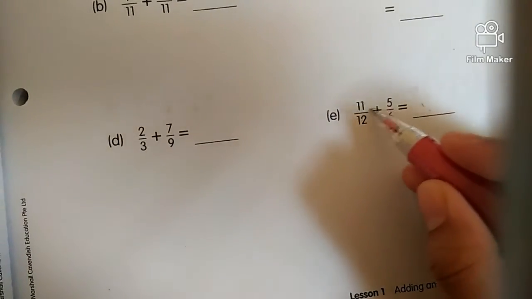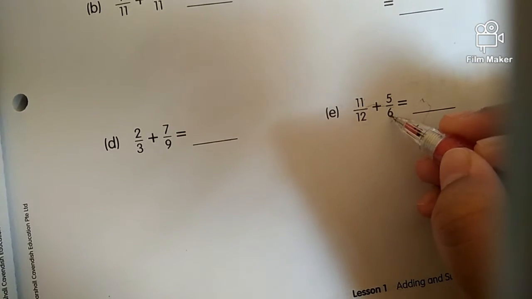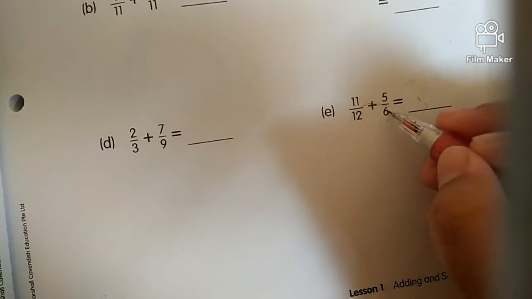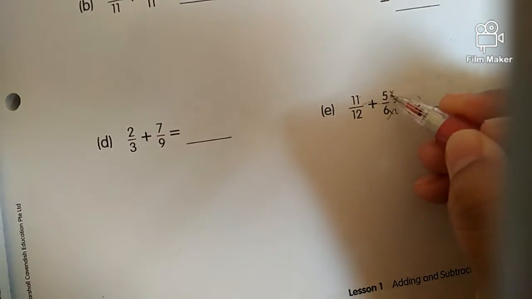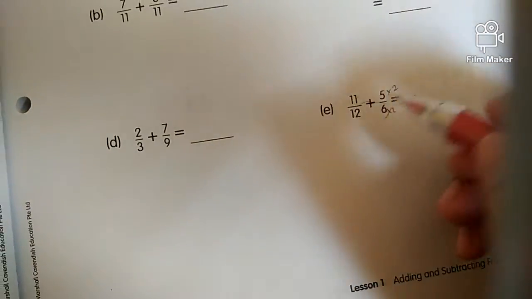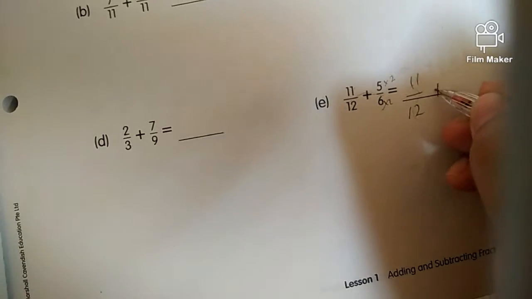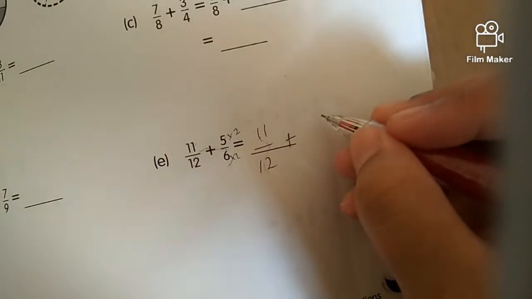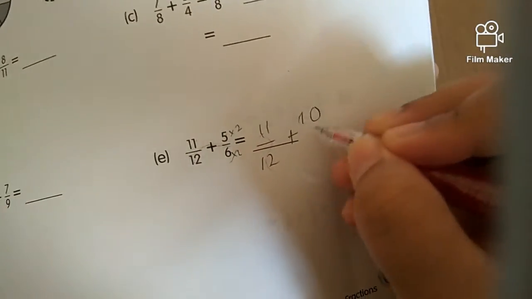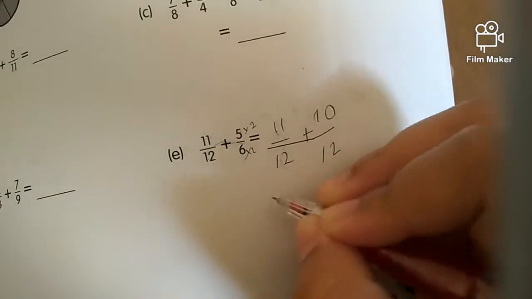Now you have to make these denominators equal. So what times 6 equals 12? 6 times 2. 5 also needs to times 2. So 11 over 12 plus 10 over 12.